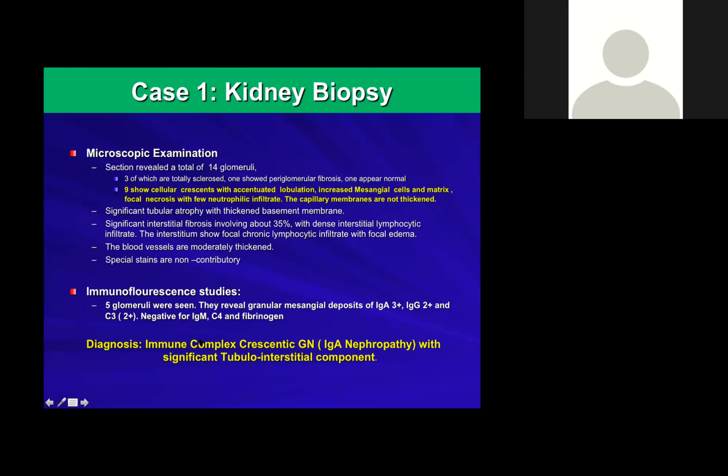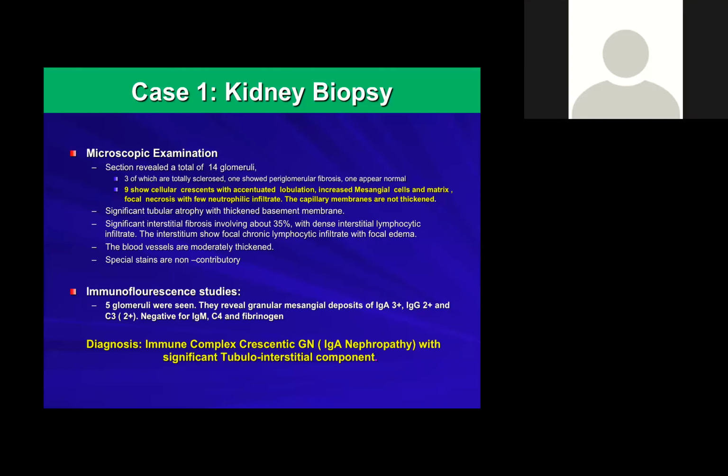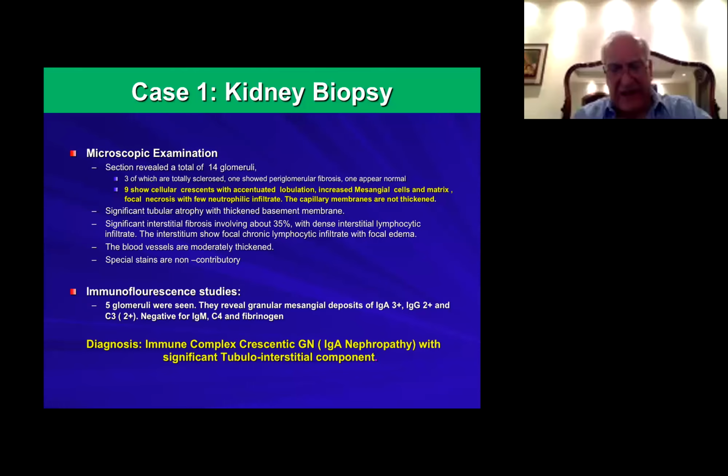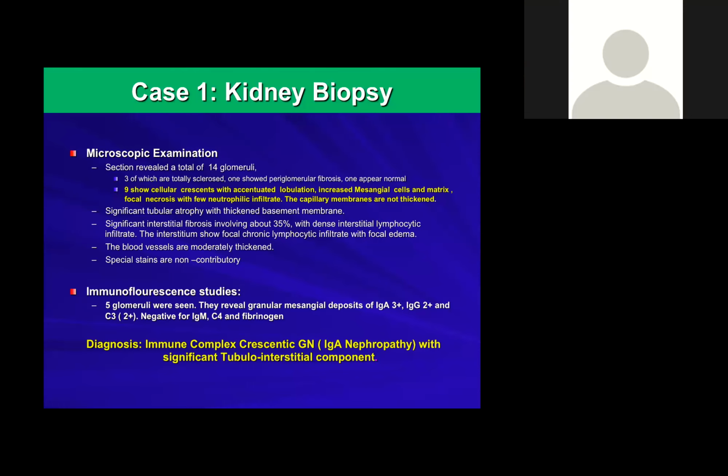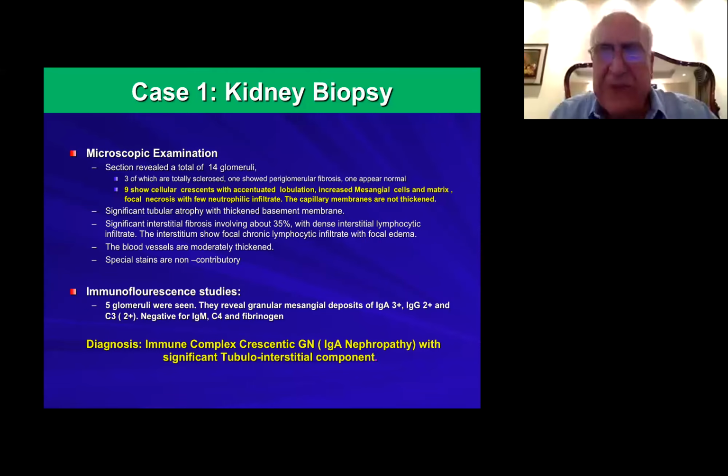Very interesting case. So what we have is immune complex crescentic GN, IgA nephropathy, with a significant tubulointerstitial component. It can present with IgA vasculitis, with or without skin lesions, and it can settle like this chronically. Now, anyone with this background would retrospectively like to go and ask the patient about a history.